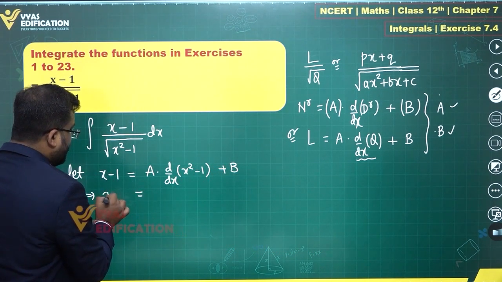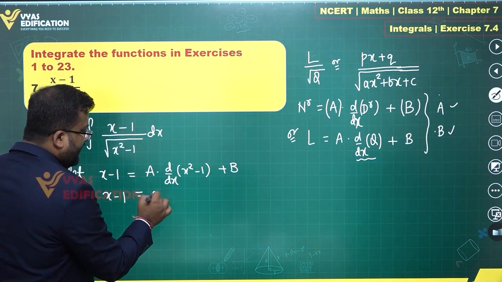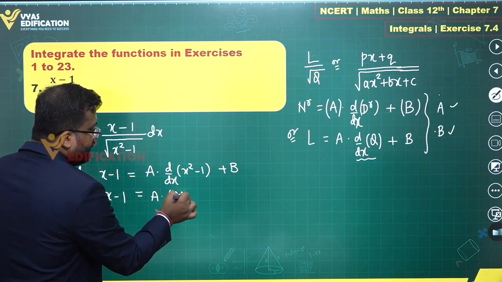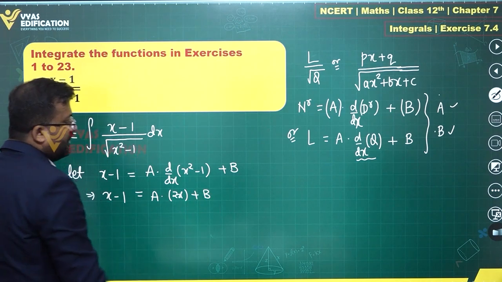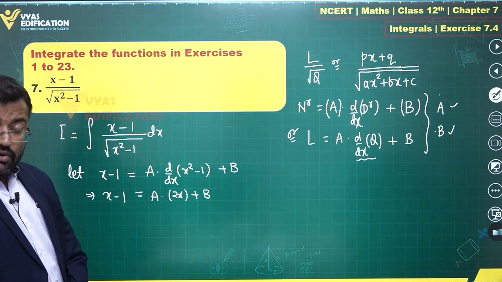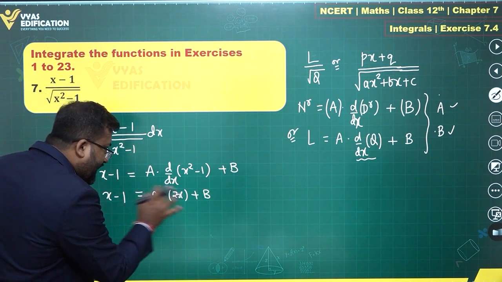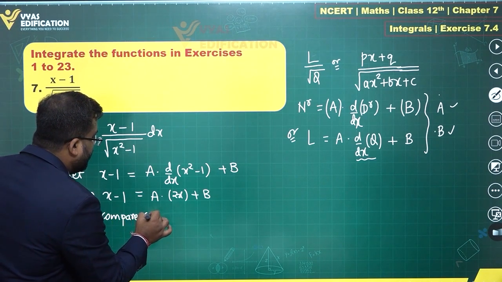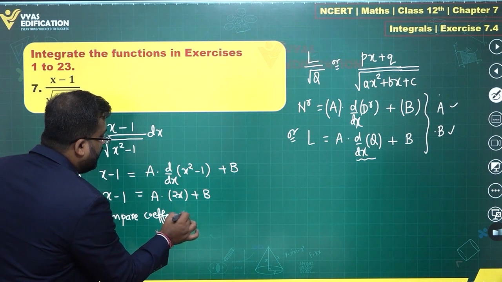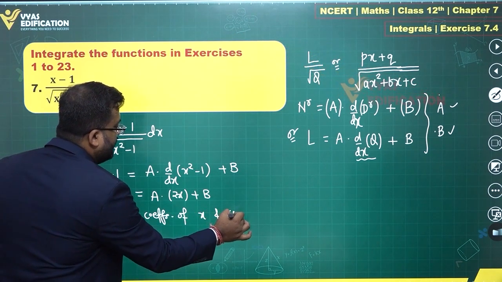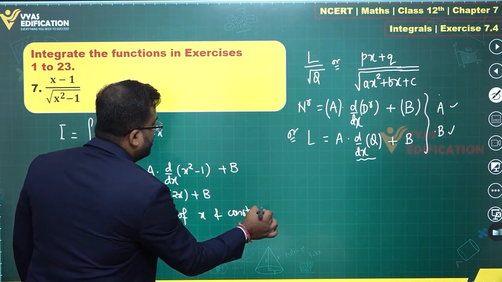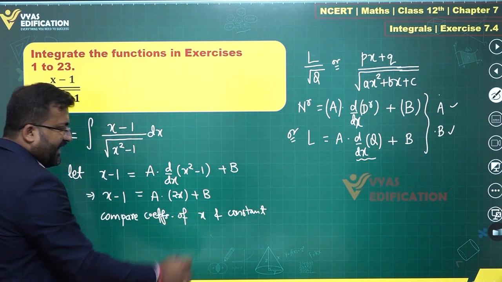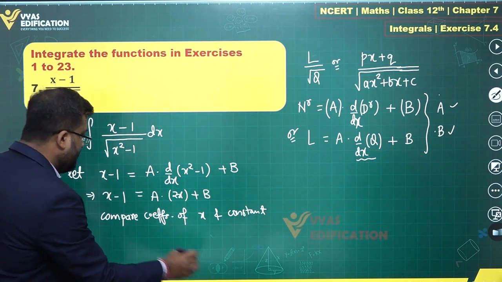This tells me x minus 1 is always equal to a times 2x plus b, is it not? Yes, please observe this. Since this is always equal to this, simply compare coefficients of x and the constant term.